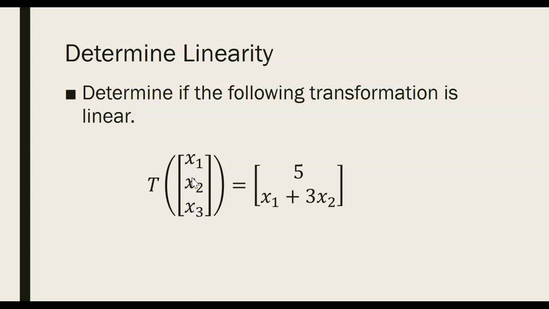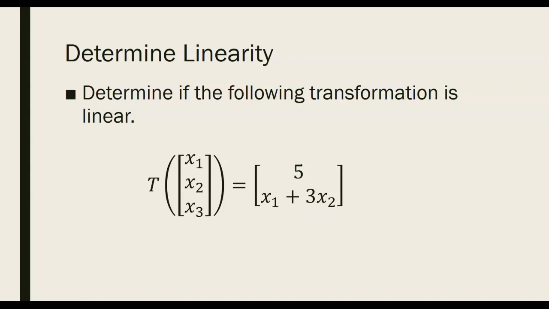So it'll take any vector that looks like this, and it's going to spit out a vector in R2, with 5 as the first entry and x1 plus 3x2 as the second entry.